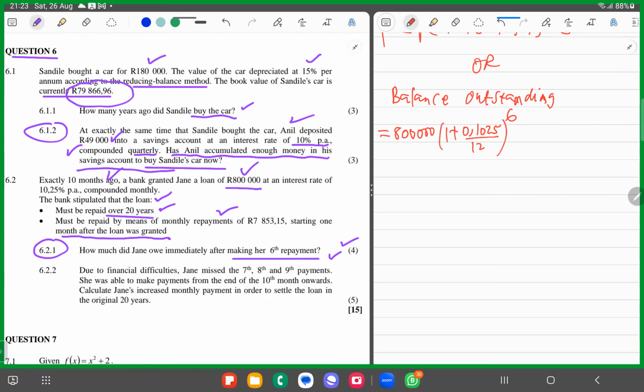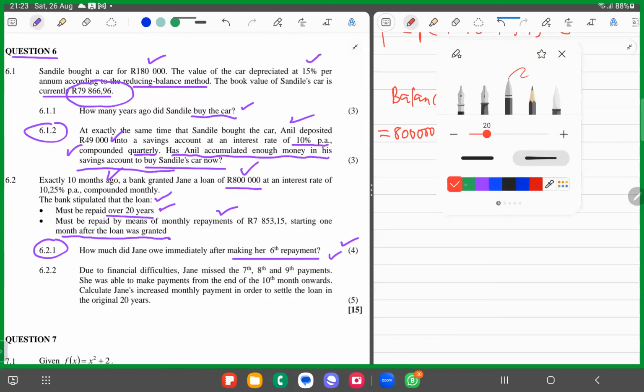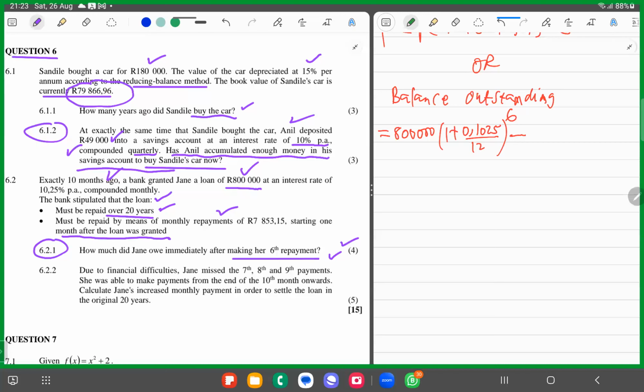After making the 6th payment, how much will Jane be owing? So now you realize that Jane was making those payments of 7853.15 into 1 plus the interest rate.